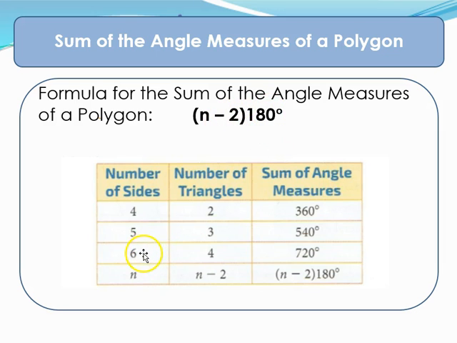So for example, in this figure, a hexagon, we have 6 sides minus 2 equals 4 triangles. 4 times 180 is 720. So remember that when solving for the sum of all the angles added up together in the interior of your regular polygon.